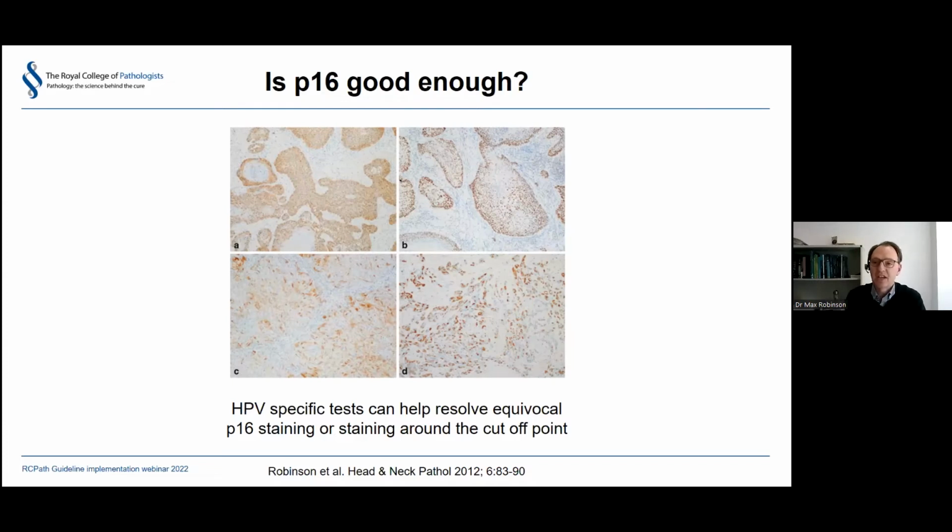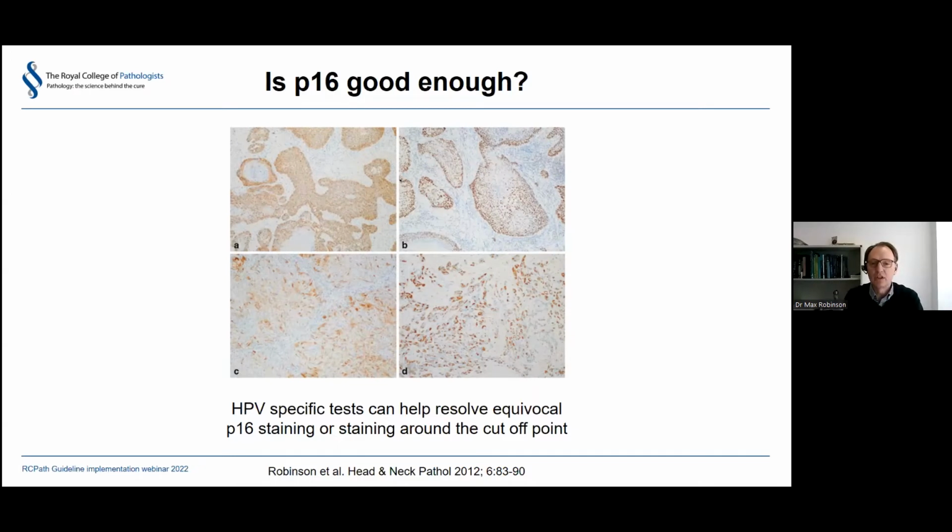Whilst this is an empirical cutoff, defined by earlier studies coming out of North America, it isn't really supervised by any sort of biological analysis of HPV infection. Nevertheless, its clinical utility is very good, and the majority of our cases from the oropharynx can be classified into P16 positive and P16 negative.